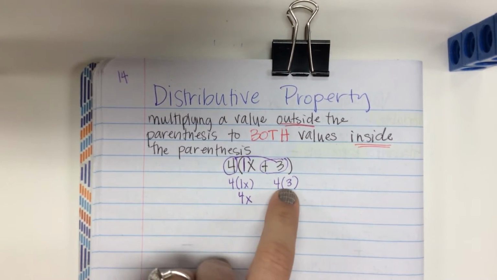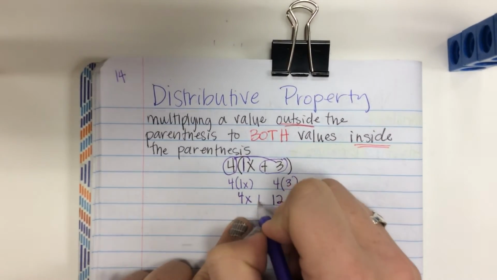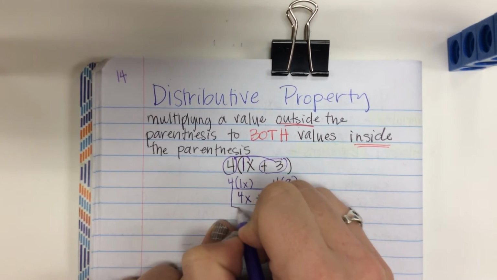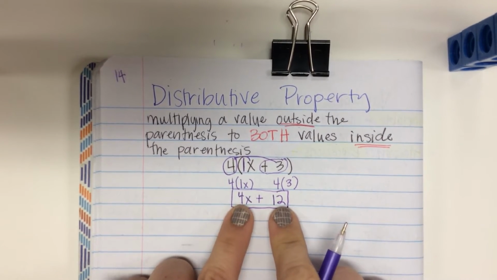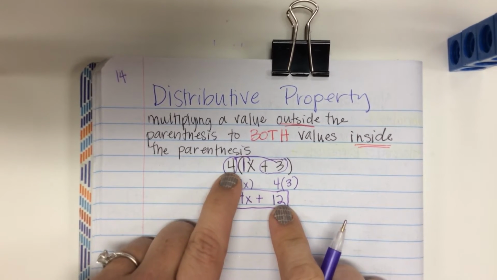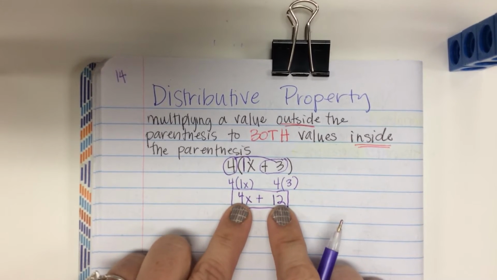And 4 times 3 is 12. And it's a positive 12, so I'd put a plus. And I'm done. That's my answer. I can't do anything more because these don't go together. This has an x and this doesn't. So we're stuck. You can multiply numbers times variables, but you cannot add variables and numbers together, so we're done.